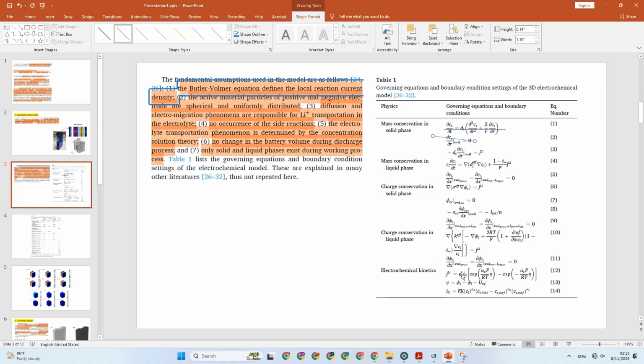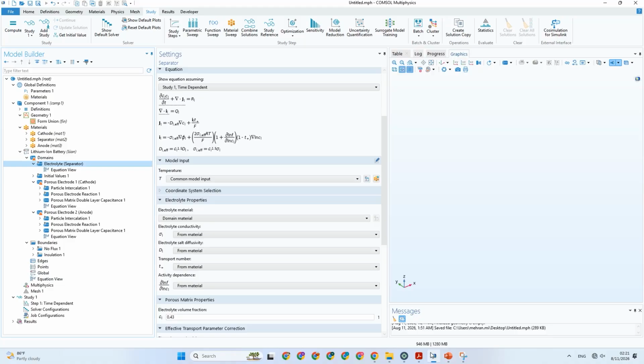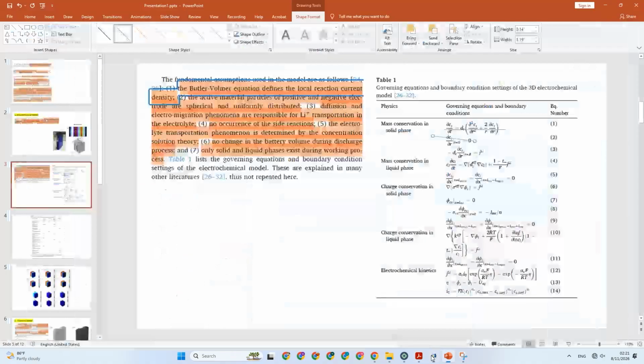Gradient of ln, let me check it. I will write it here.